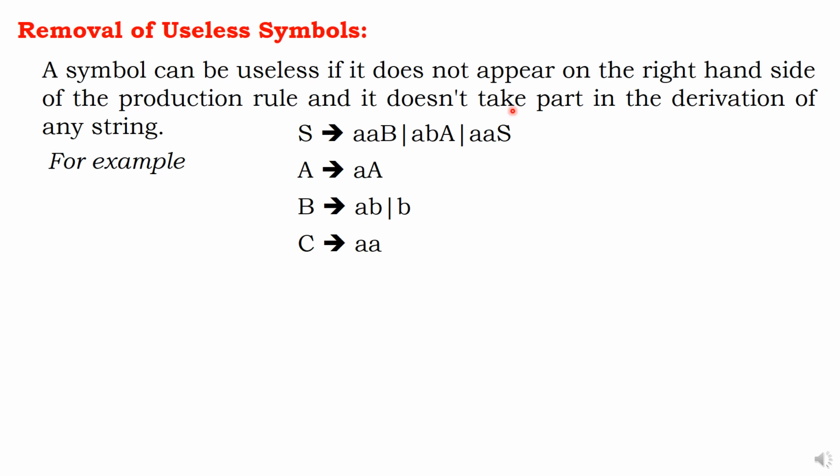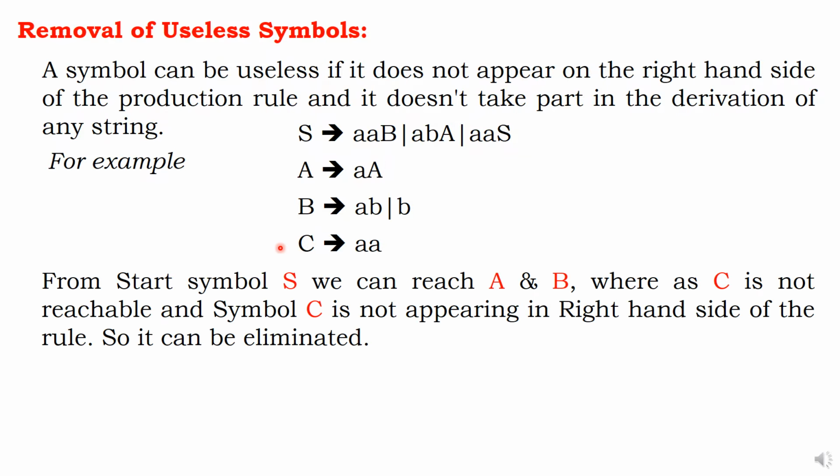If it does not appear in the right hand side, then we can call it a useless symbol, and it does not take part in the derivation of any string. When we do any string calculation, C will not matter while doing the work. This is an example I have given. How to eliminate it? Just remove the term.